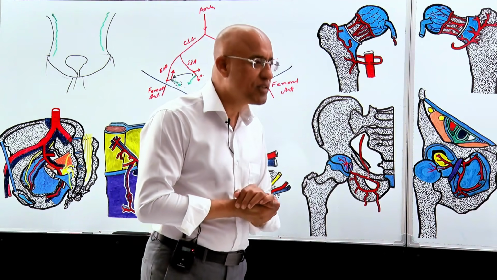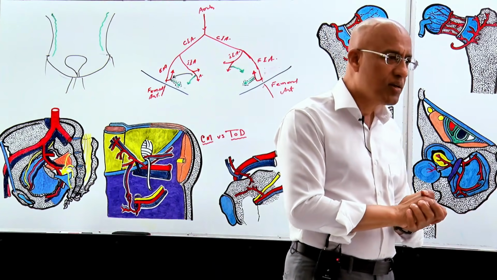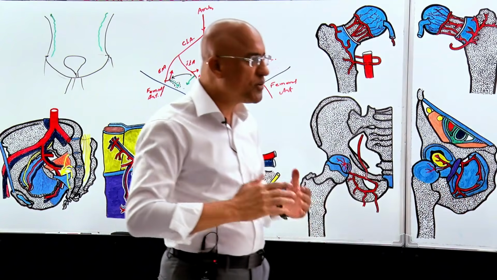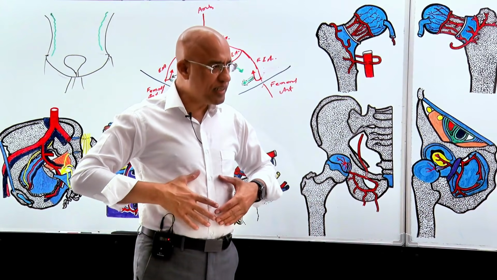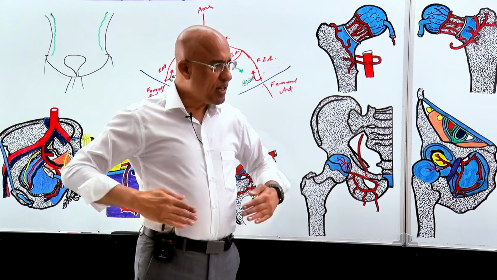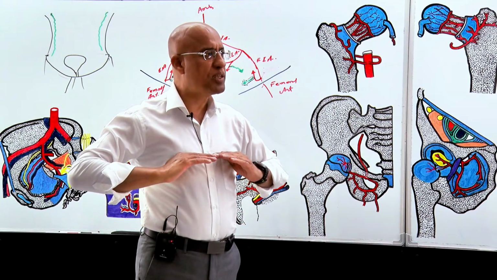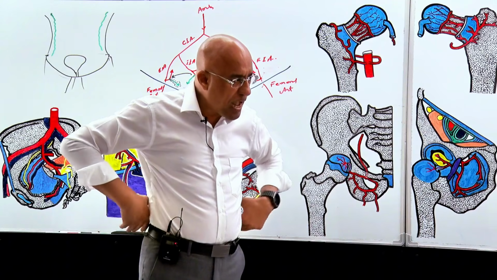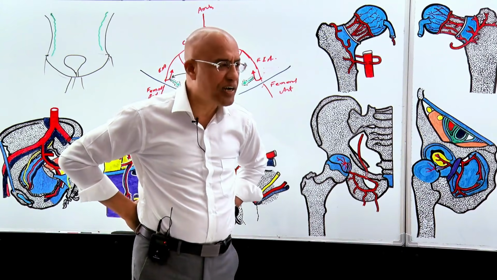That deep fascia is called fascia transversalis. This fascia transversalis is the deep fascia lining the anterolateral wall of the abdomen. If it is going up, eventually it blends with the diaphragmatic fascia, and if it goes back, it blends with the iliolumbar fascia.